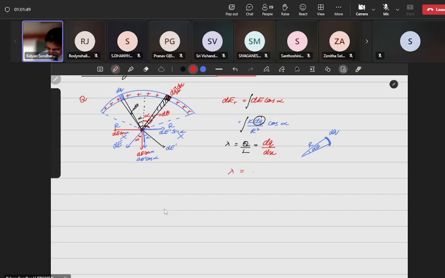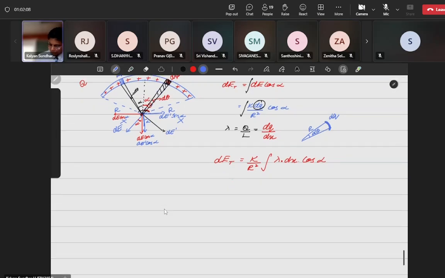Lambda will be equal to, wait. dE will be equal to k by r square, constant, அதை disturb பண்ணாத. dq, write it as lambda into dx into cos alpha value. Correct? Now dE will be equal to k by r square. Lambda-க்கு பதிலா என்ன சார் எழுதலாம்?